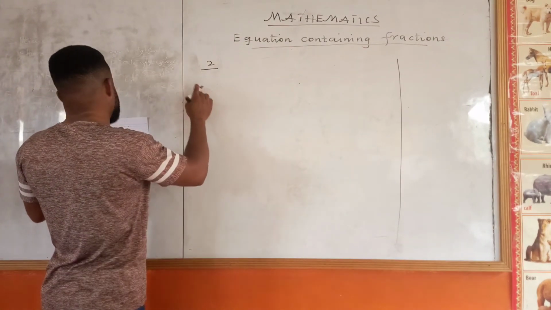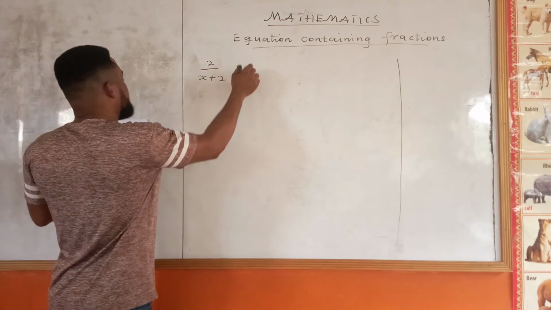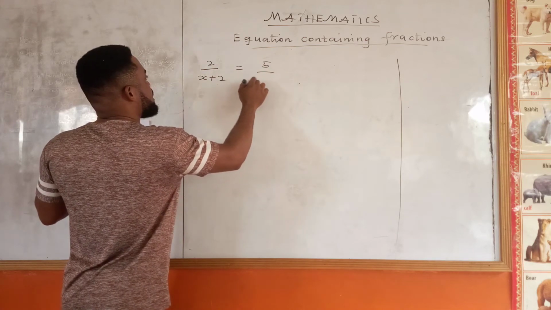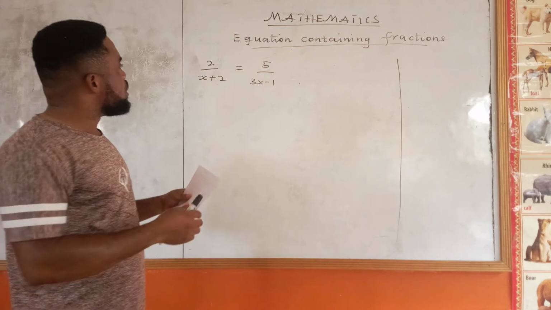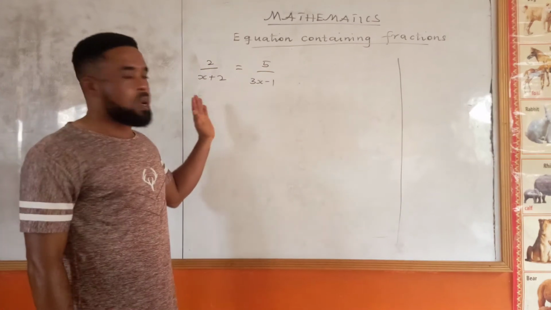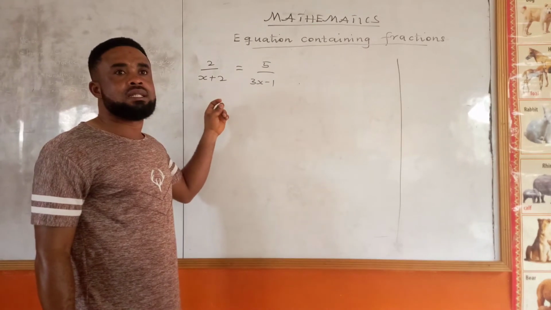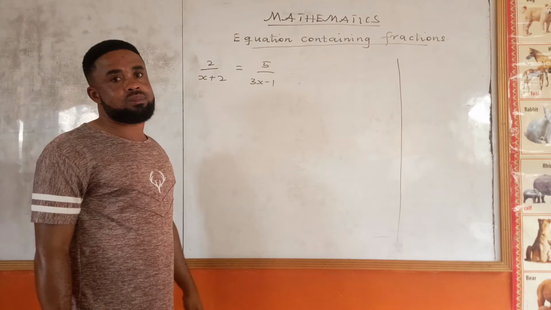2 over x plus 2 equal to 5 over 3x minus 1. Whenever you read a problem like this, where the denominator is forming a mathematical sentence, all you have to do is to pick them at the LCM.